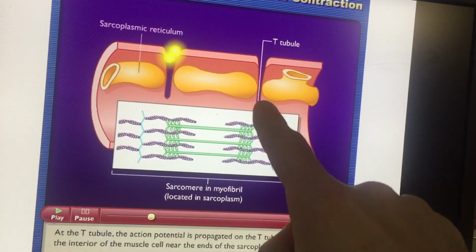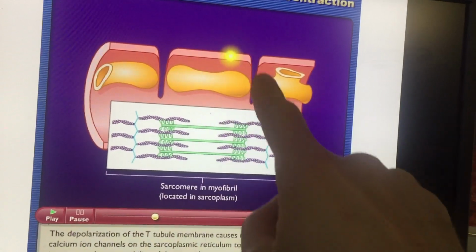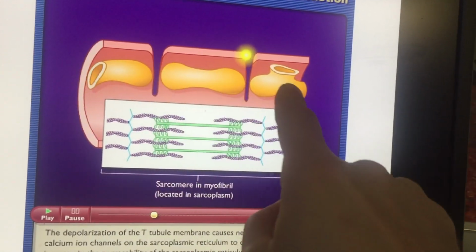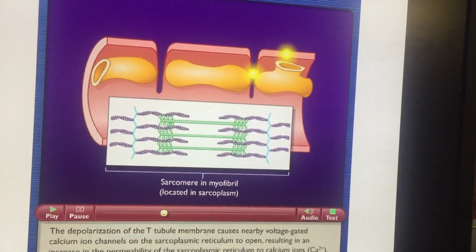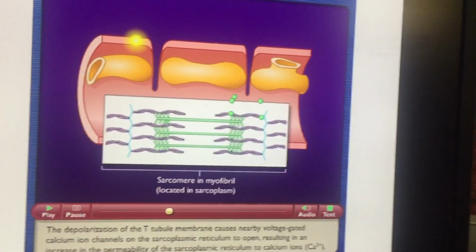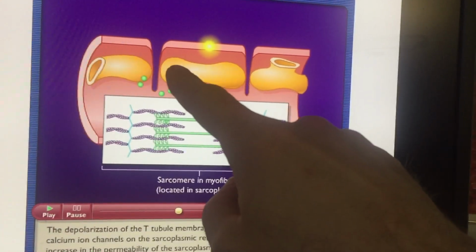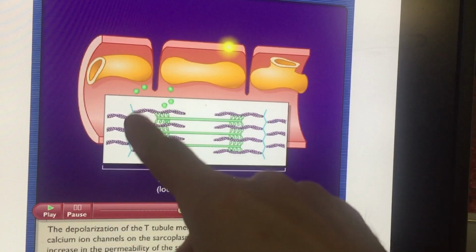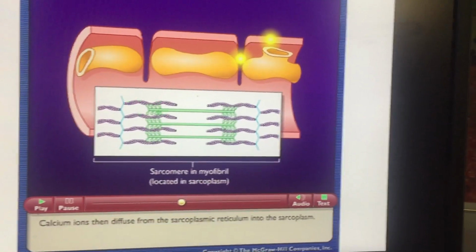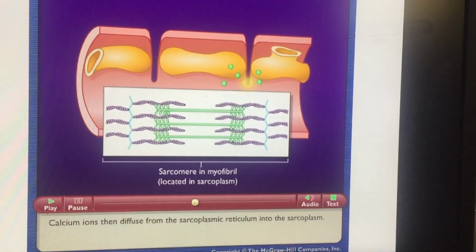That action potential is then transmitted to the sarcoplasmic reticulum, which is represented here, here, and here in the diagram. When the sarcoplasmic reticulum is activated, you can see it releases calcium. The calcium comes down to your actin and myosin myofilaments and eventually causes contraction.